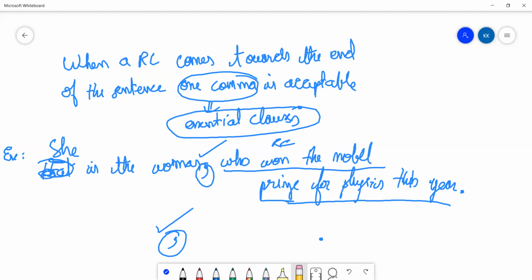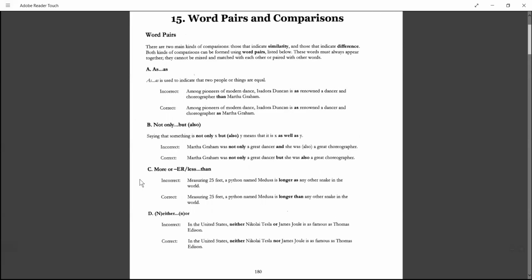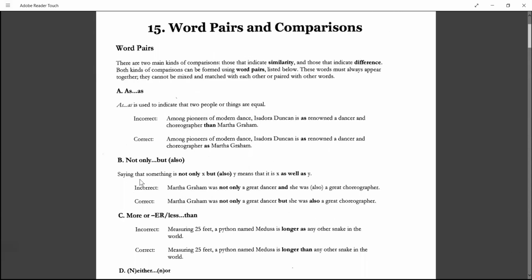Now, let's move on to something called word pairs and comparisons. So, do you know what are word pairs? Not only but also, either or, neither nor, those are word pairs. We have certain word pairs that are very common in SAT. For example, as and as.